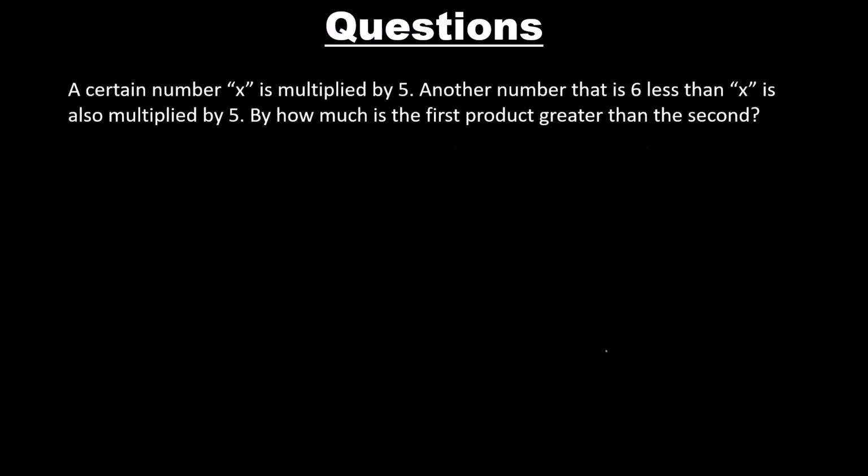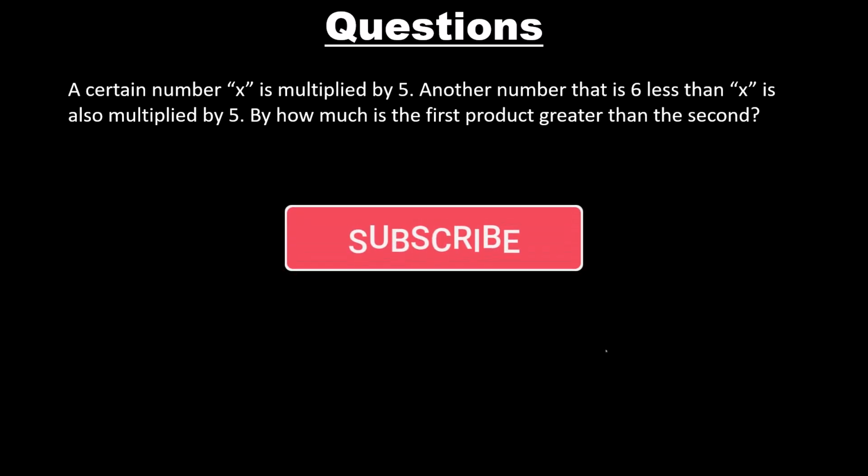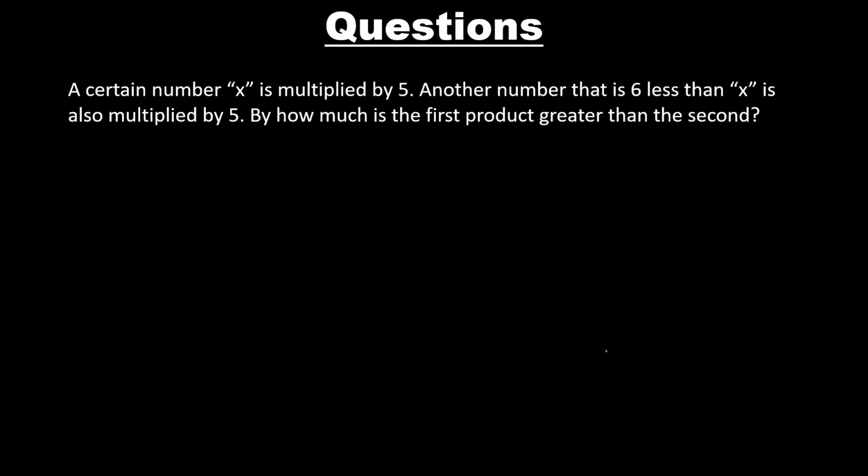A certain number x is multiplied by 5. Another number that is 6 less than x is also multiplied by 5. By how much is the first product greater than the second? So that means we have 2 products. What is the first product? The first product is this, a certain number, which is x, is multiplied by 5.